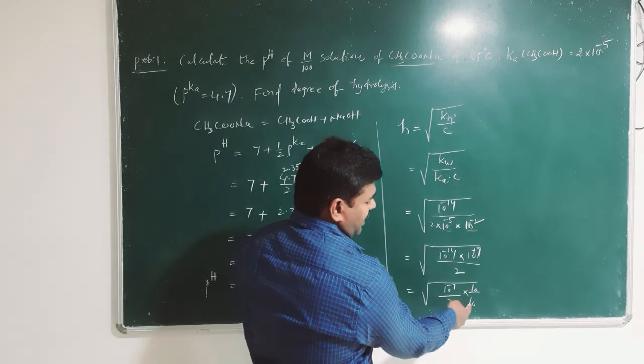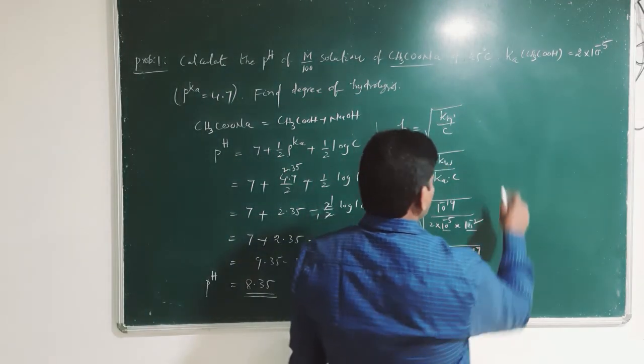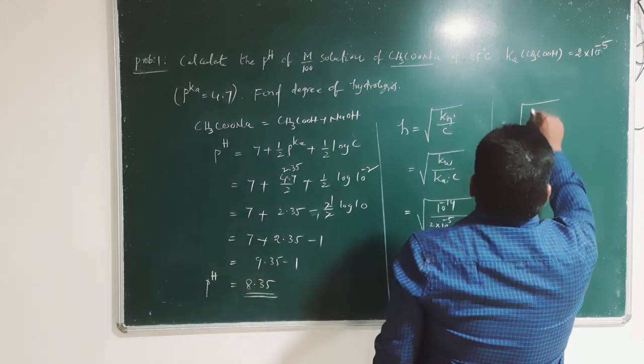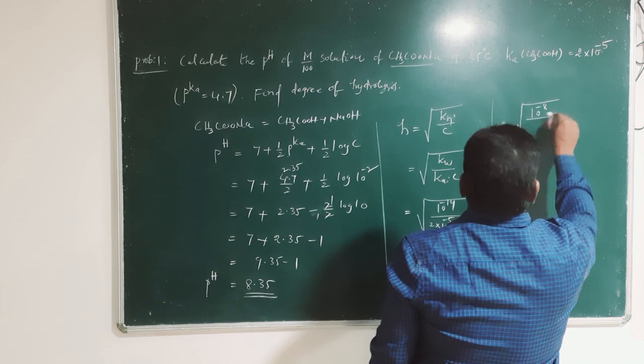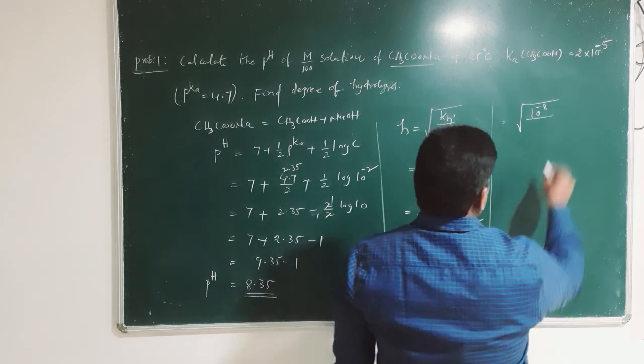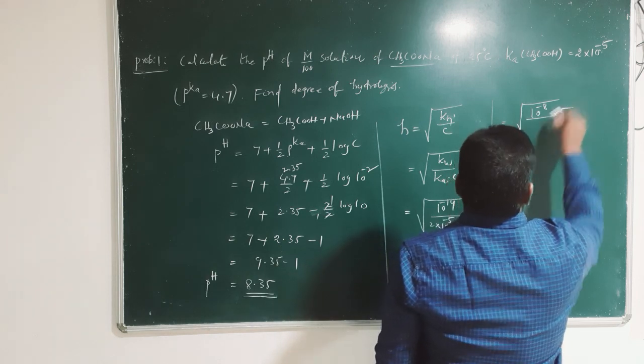If you take this 10 into the numerator, that is equal to 10 power minus 8, 10 by 2, and 10 by 2 is 5.